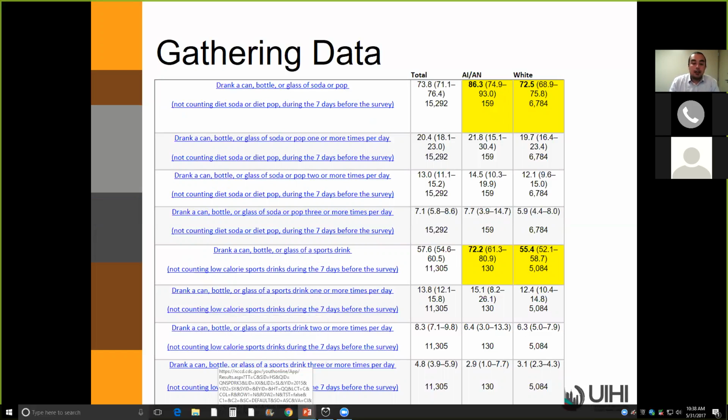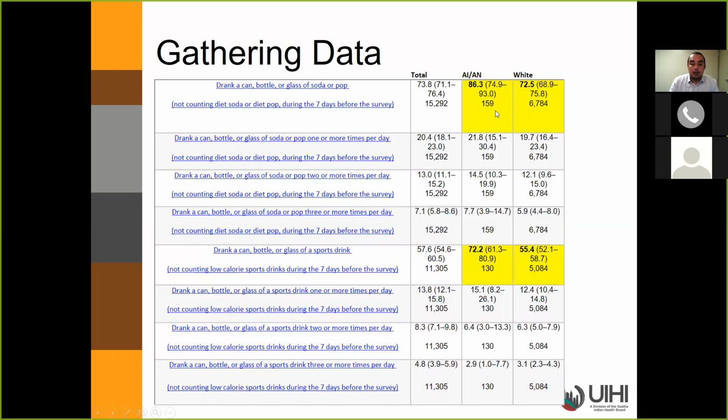So here we can see that there's approximately 159 AIANs and approximately 6,700 whites who answered the survey. Now, we also see, given the confidence intervals, that these are very wide margins. So it might be difficult to analyze.